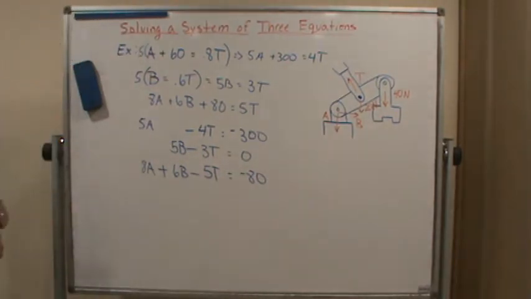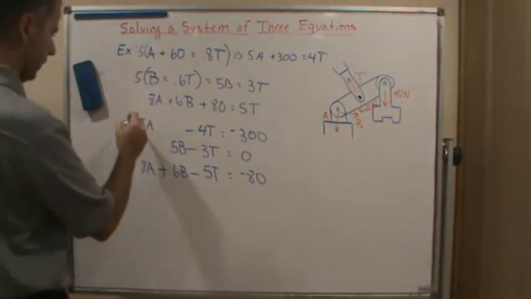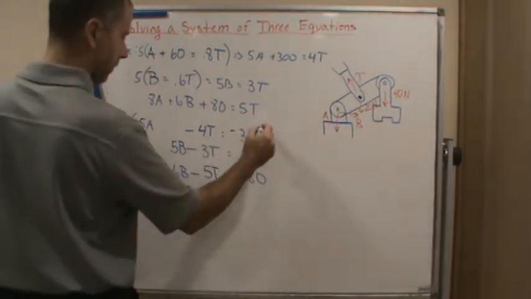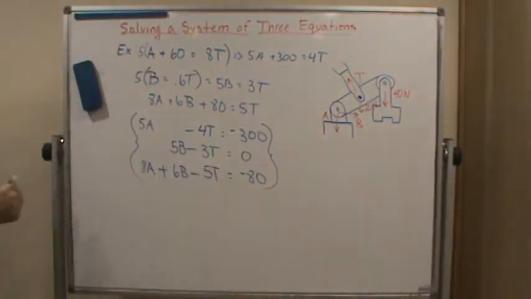Okay, so now this is what becomes our system of 3 equations with 3 unknowns.